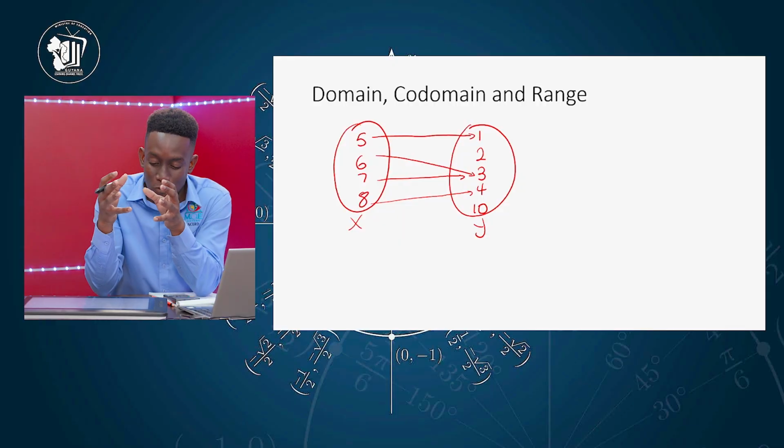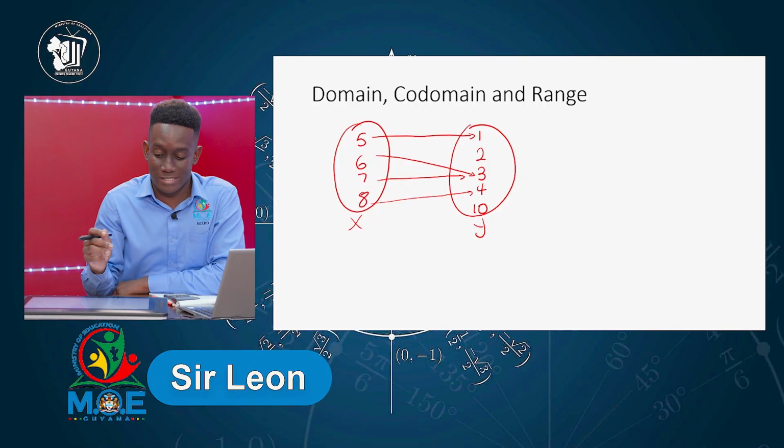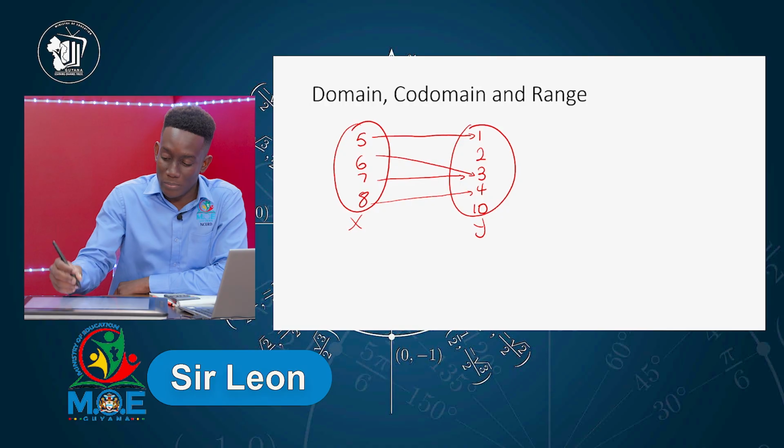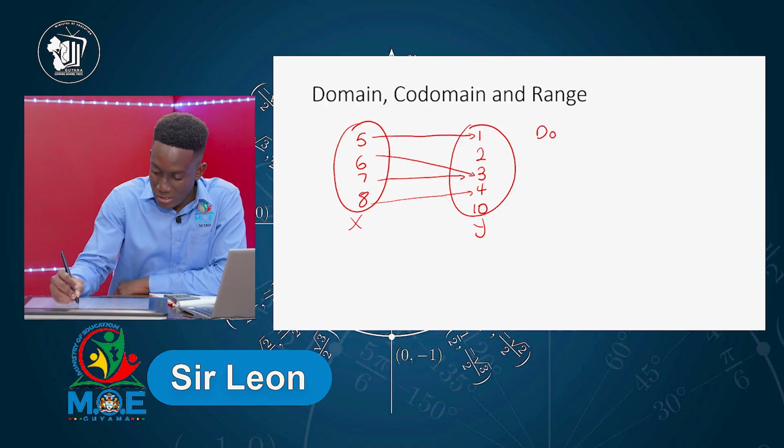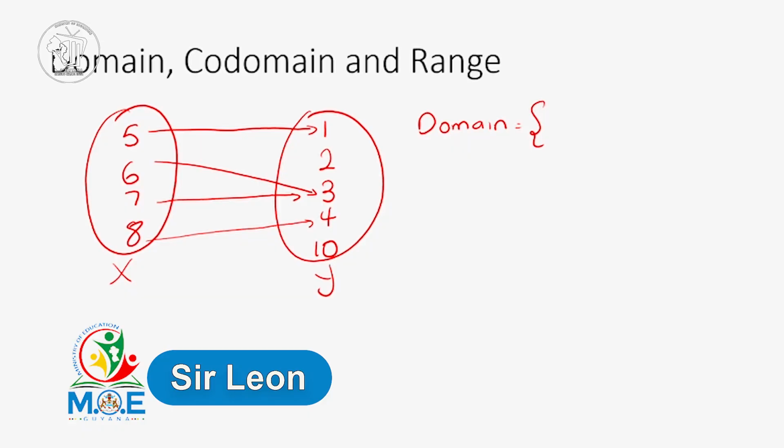So for the domain in this arrow diagram, it will be every element that is mapped onto something, coming from something in the arrow diagram. In this case, it will be all of the elements in X. We consider those the domain. So for this here, the domain would be 5, 6, 7, and 8.